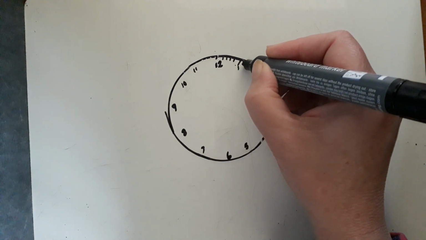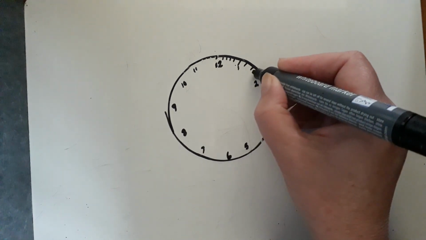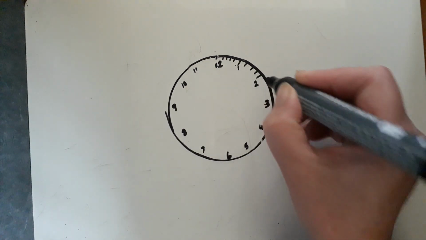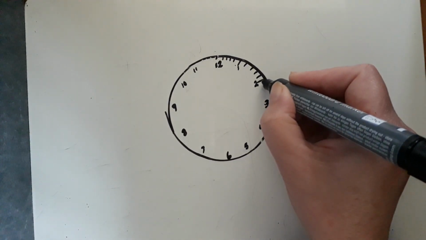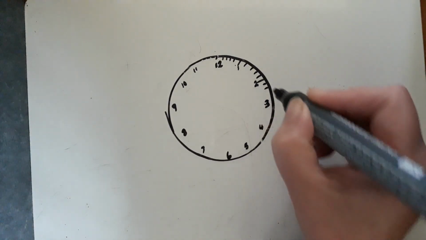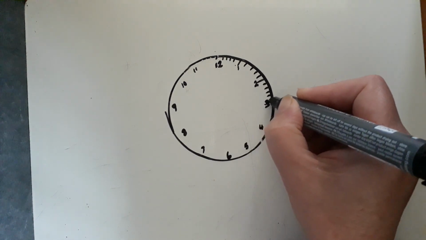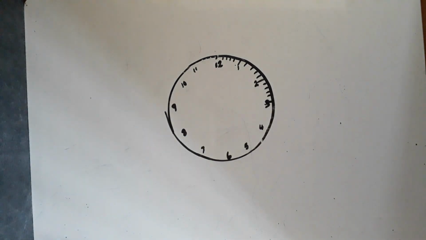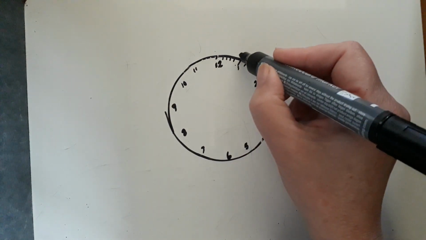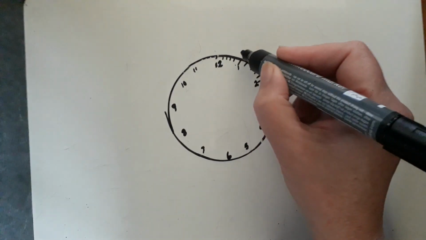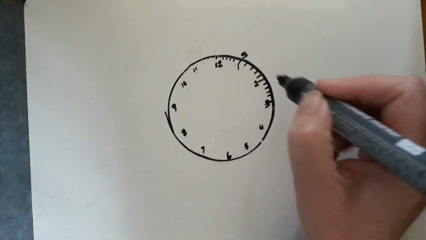So these ones are going to have to spread out a bit more. 1, 2, 3, 4, and this one's often a bit longer, 5. 1, 2, 3, 4, 5. So basically what we know is each time the minute hand gets to a number, it has gone past 5 minutes.